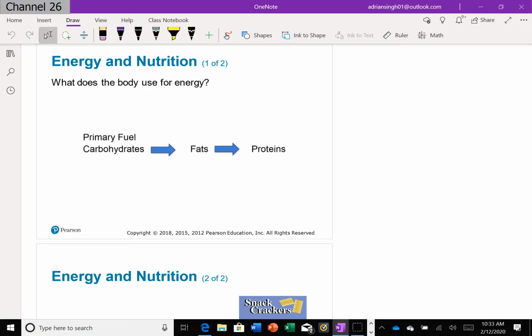What does your body prefer to use for energy? What type of food stuff? Sugars? Sugars are your body's preferred energy source, right? So if it has a choice, it's going to use carbohydrates or sugars.